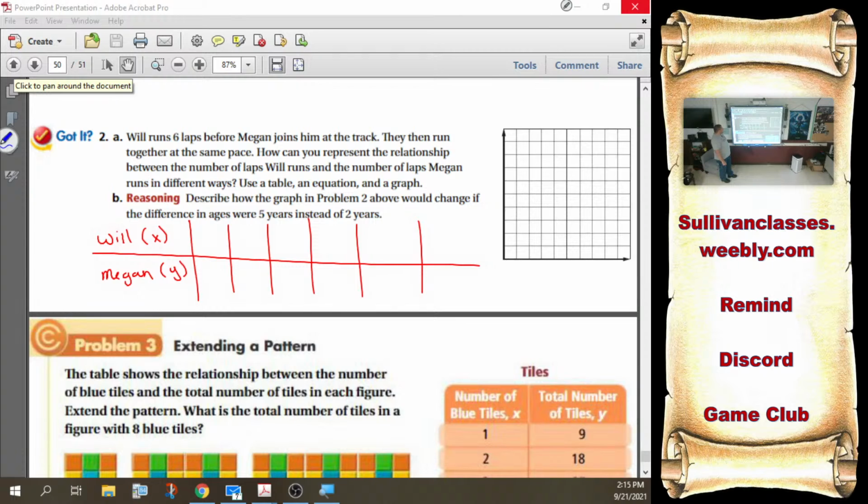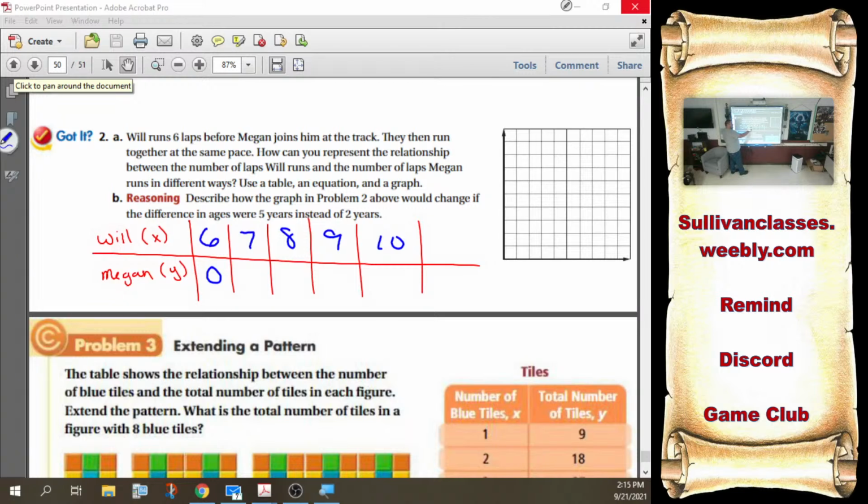So if Will runs 6 laps before Megan even joins him, when Will has done 6, how many has Megan done? Okay. Could I just keep going from there? 7, 8, 9, 10. It says they're going to run at the same pace. That's important. Because what if we said Megan runs twice as fast as Will?